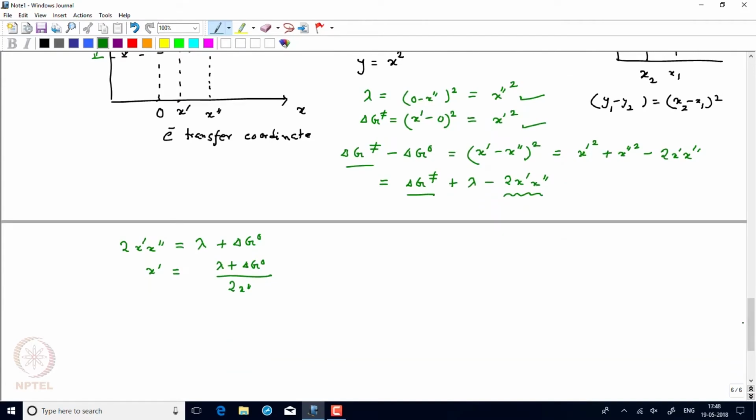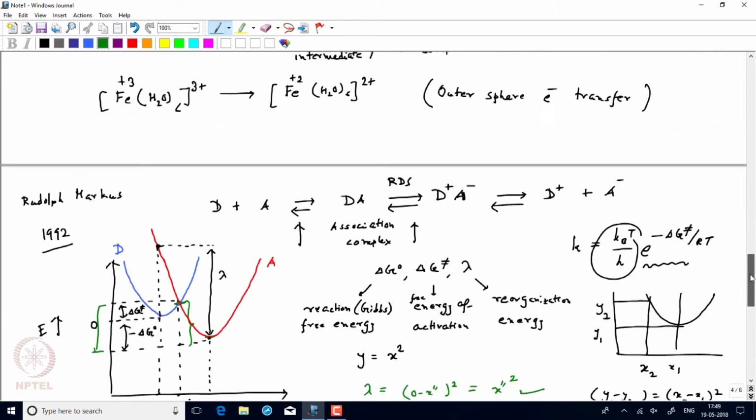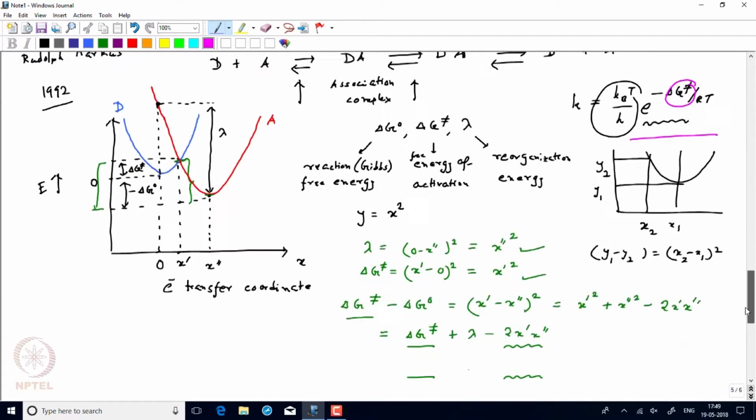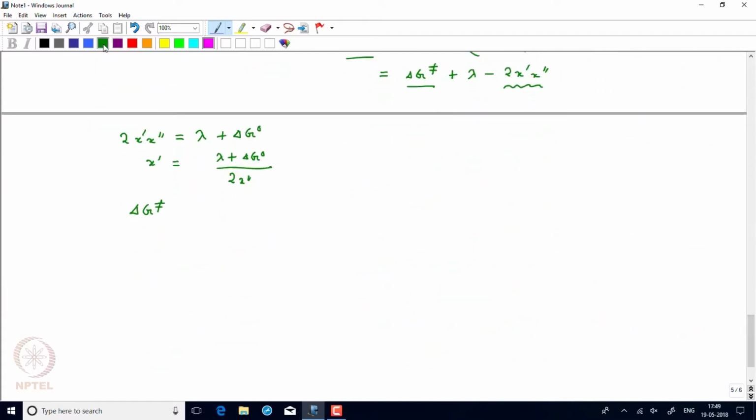And so all we want is this quantity delta G dagger, because remember that we are going to use the Eyring equation for this. So this equation, where actually I have delta G dagger. So the expression for delta G dagger, as we see here, is nothing but x prime square.